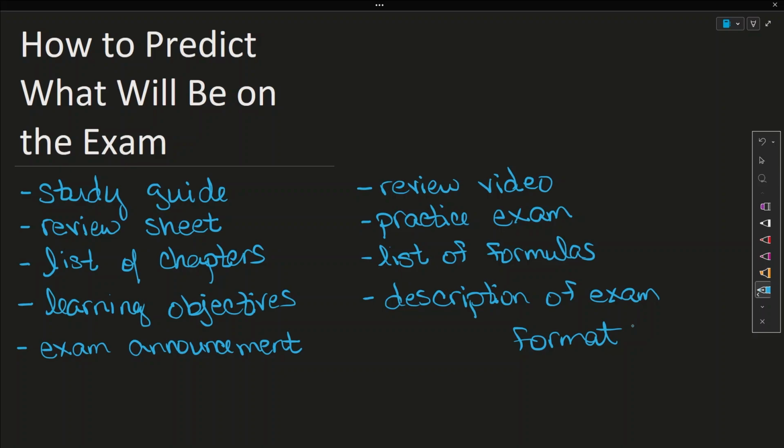You're unlikely to have all of these, but even one can be useful. These materials should be your starting point.